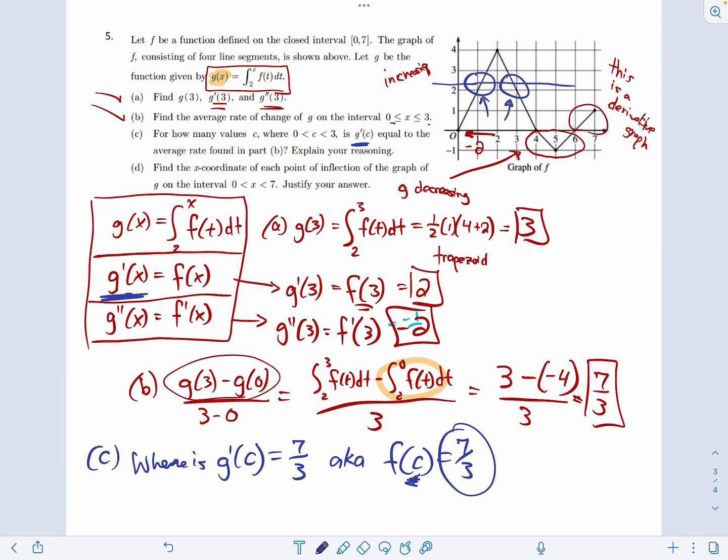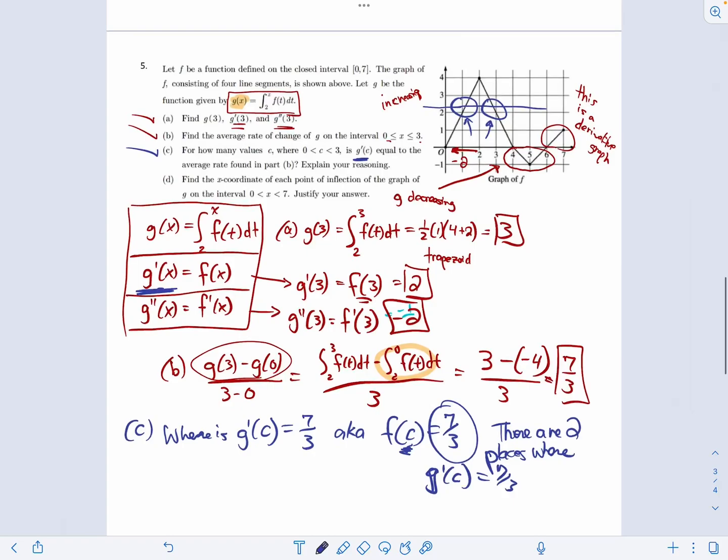Where the function f, which is the derivative, intersects 7/3. We don't have to see exactly what they are, but we know there are 2 places where G prime of C equals 7/3. That was what it asked for. How many? We got it.